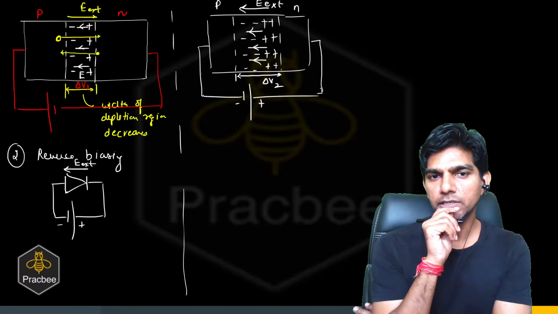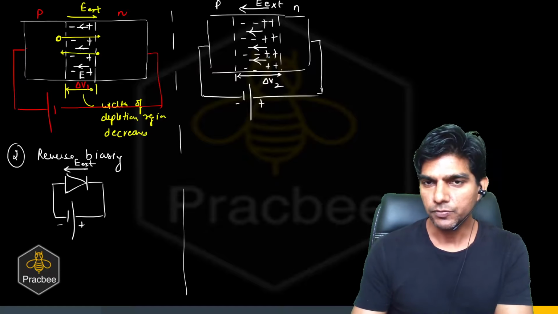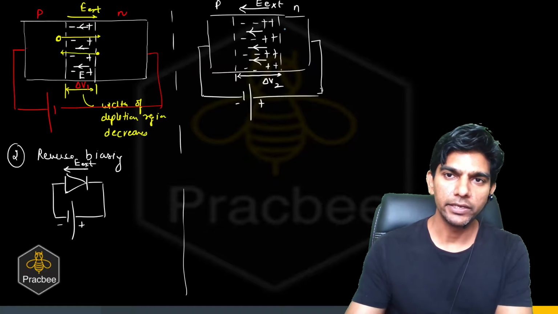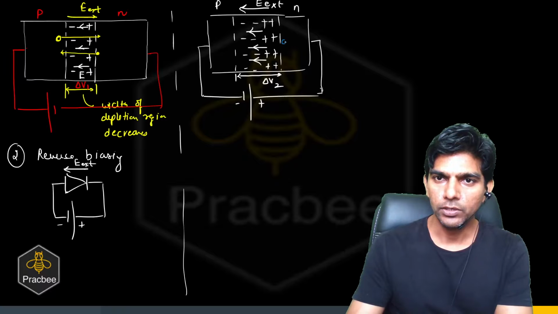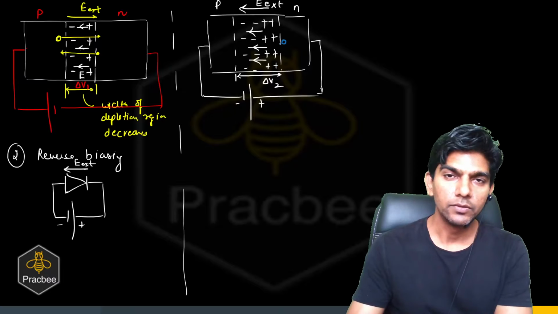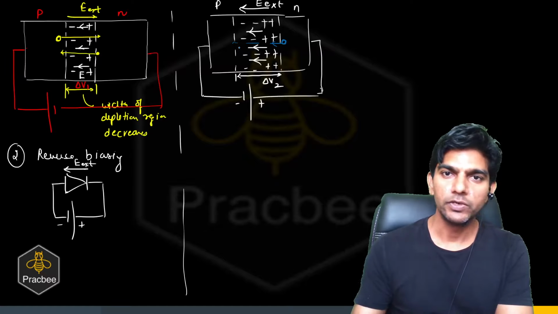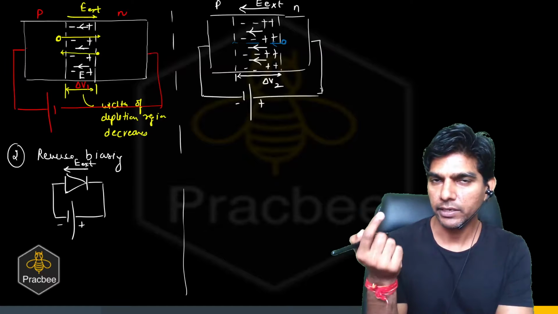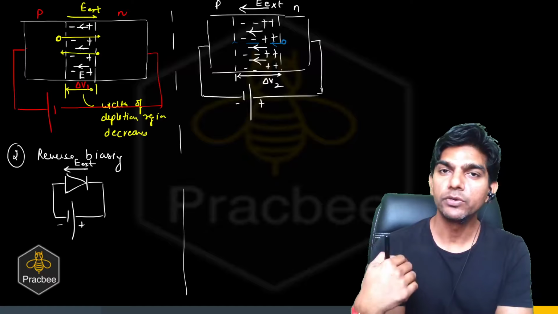But what happens in this case? In this case, this field will assist the motion of minority carriers. Suppose there is a hole in the N side moving randomly. If it comes close to this depletion region, this hole will be swept by the field and it can move to the P side. So we can say in reverse biasing, there can be a current because of the minority carriers.